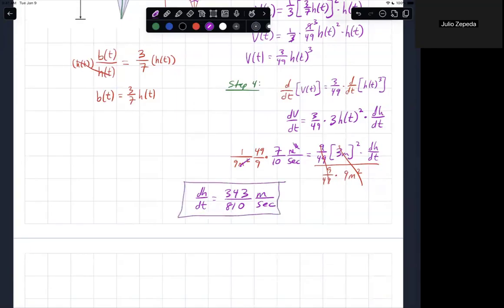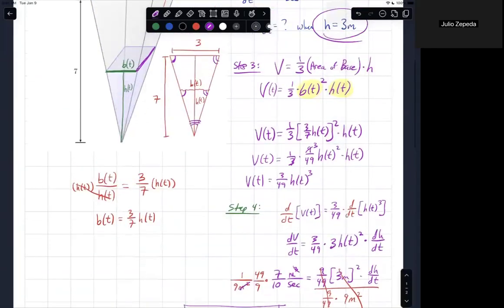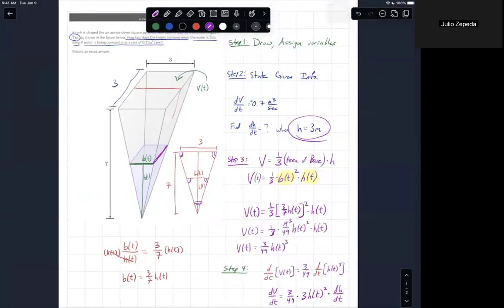Notice that we got a positive number because if water is being pumped into this container, then the height of the water will be increasing.